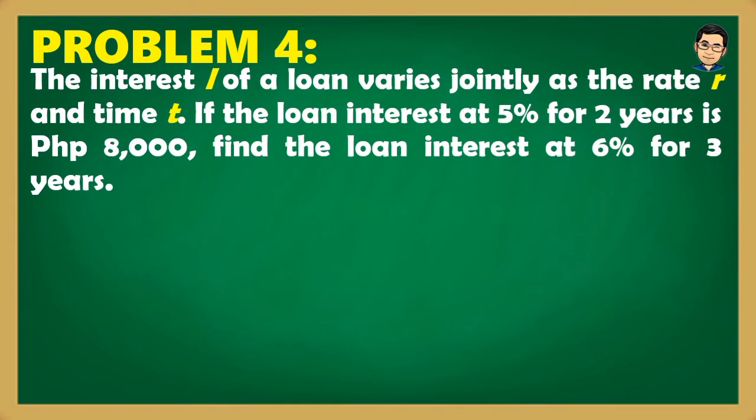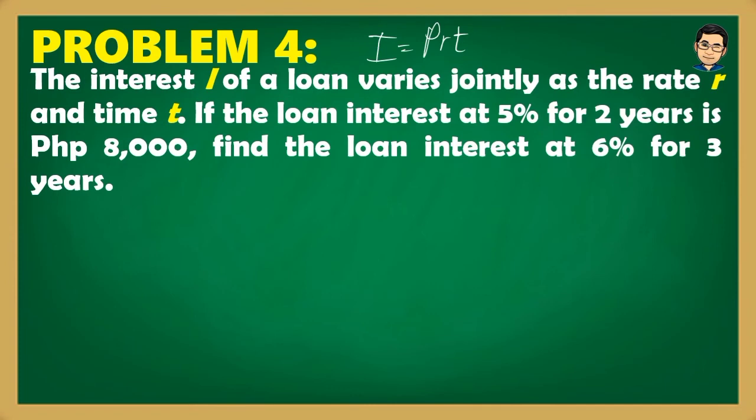So, if you are aware of the formula of interest, that is I is equal to PRT, where I is the interest, P is the principal amount, R is the rate, and T is the time.